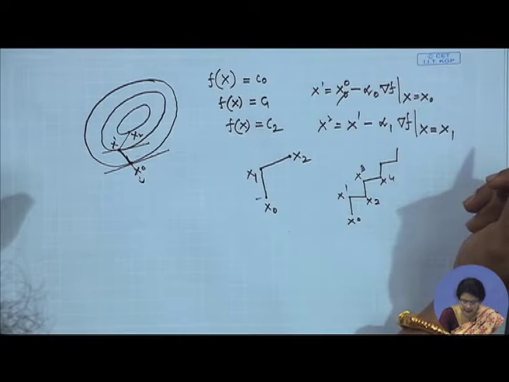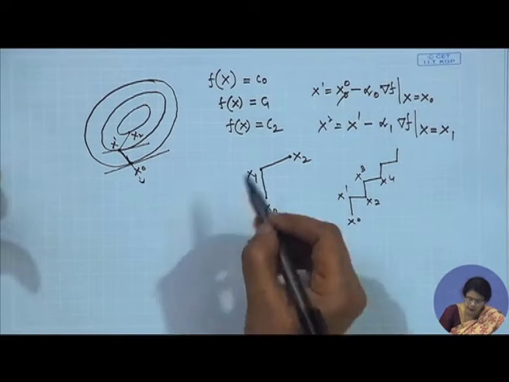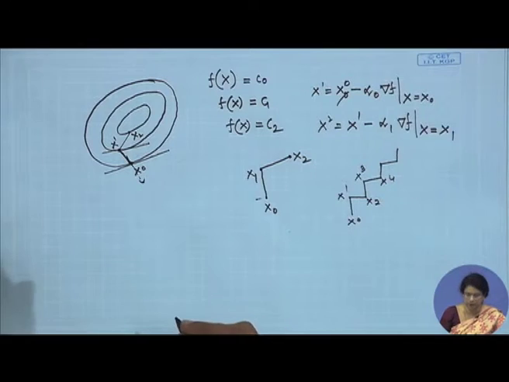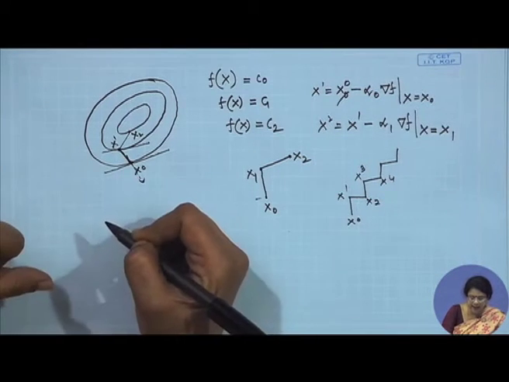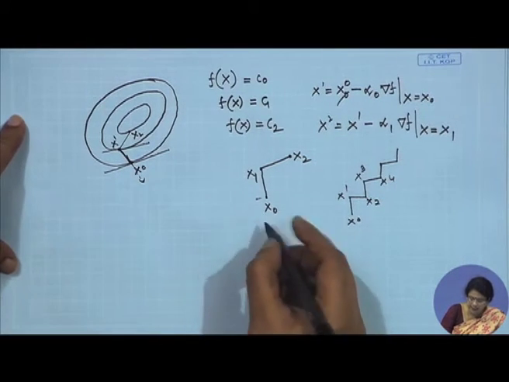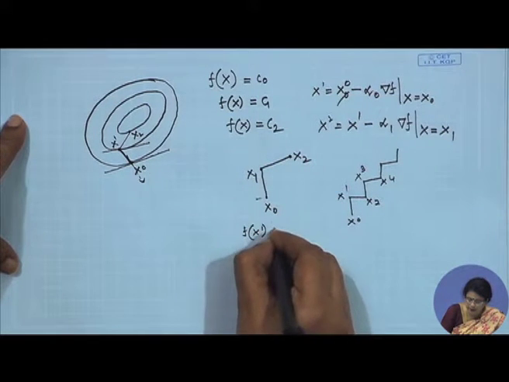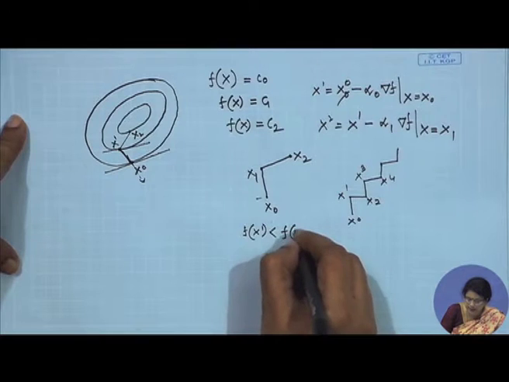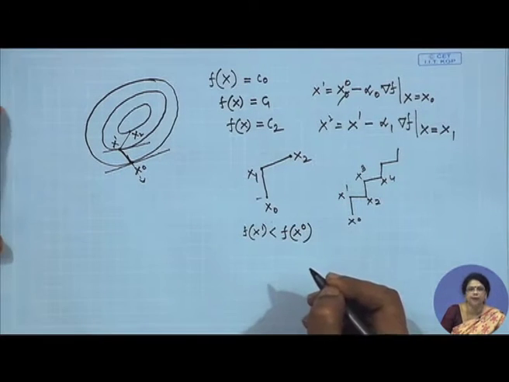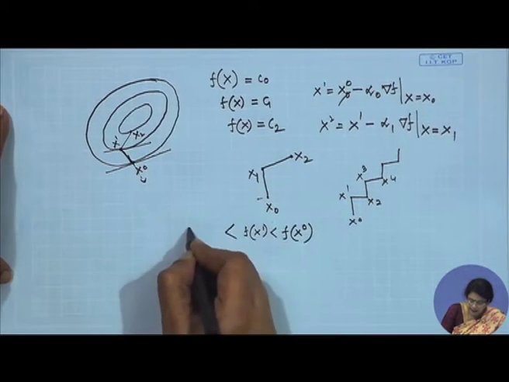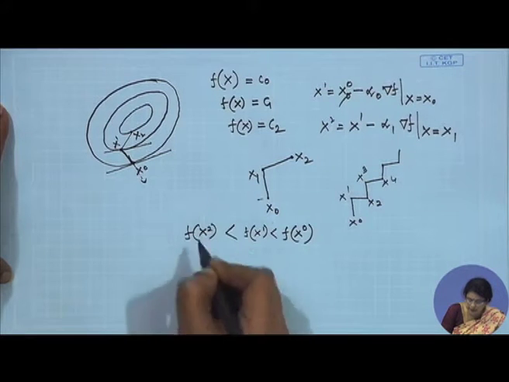The first property is: if we move from x0 to x1, what is our expectation? Since this is the negative gradient direction, we have to prove that f(x1) must be lesser than f(x0). Similarly, f(x2) must be lesser than f(x1).